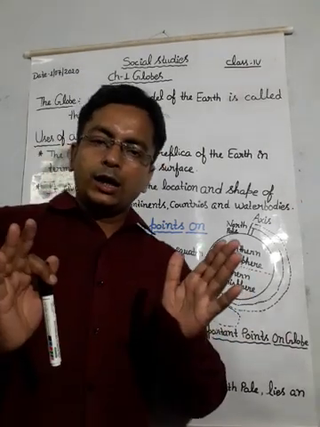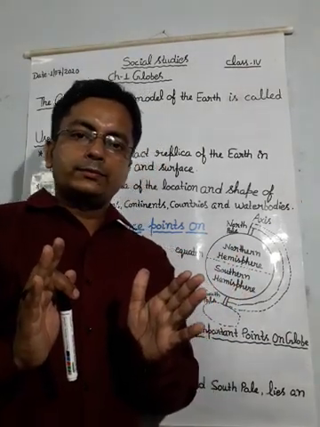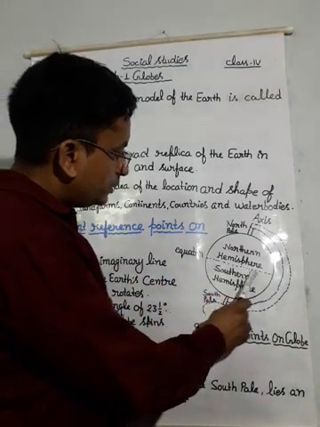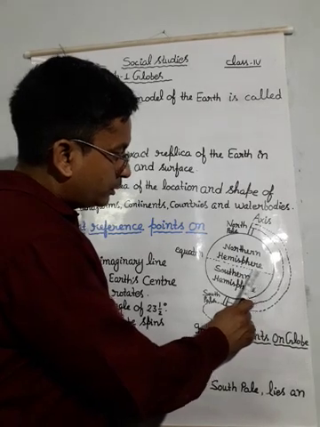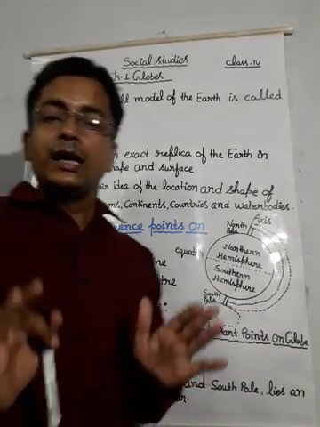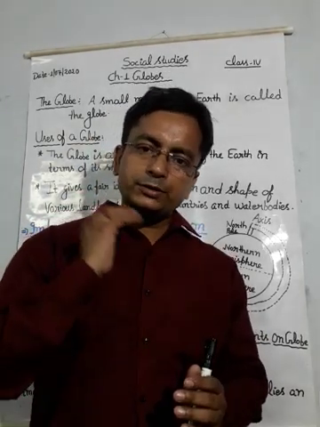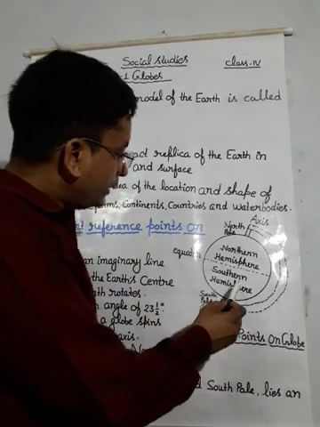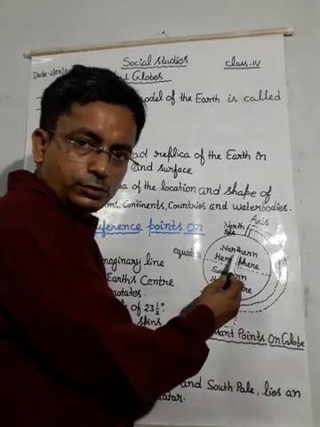And the other term is equator. Yes my dear student, the equator is an imaginary line which passes through the middle of the earth and divides the earth into two equal halves.